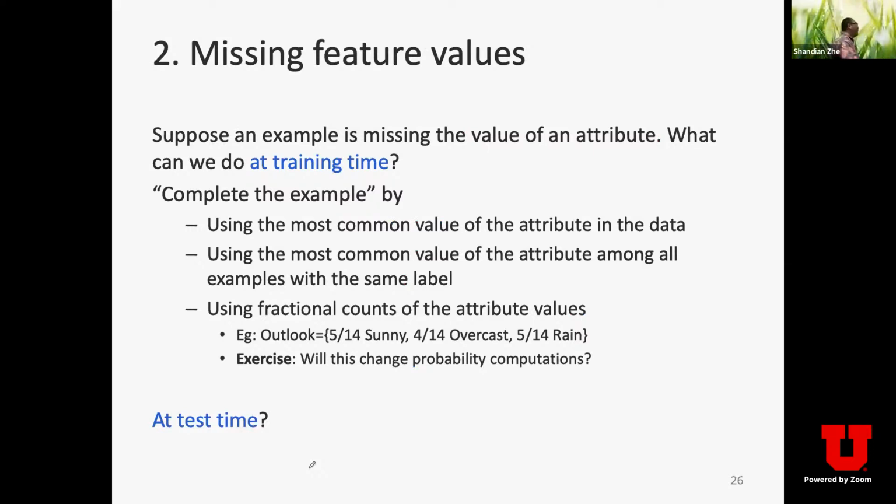So now we have discussed the case that, during training, you get some incomplete example where some attribute is missing. What about at test time? I present you some example, but some attribute is missing. I still want you to give me some prediction. How can you do that?